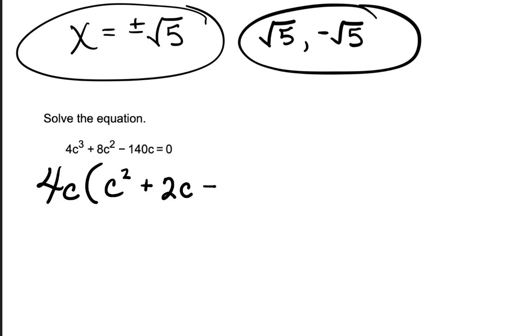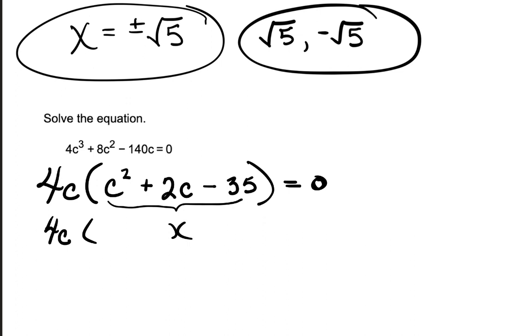And then finally, when we take a 4 out of 140, isn't that 35? I think I'm right. 35. So by doing that, equals 0. Right. Okay. This is just helpful because now this little part right here, we can factor it, but it's much easier to factor. So we have 4c.